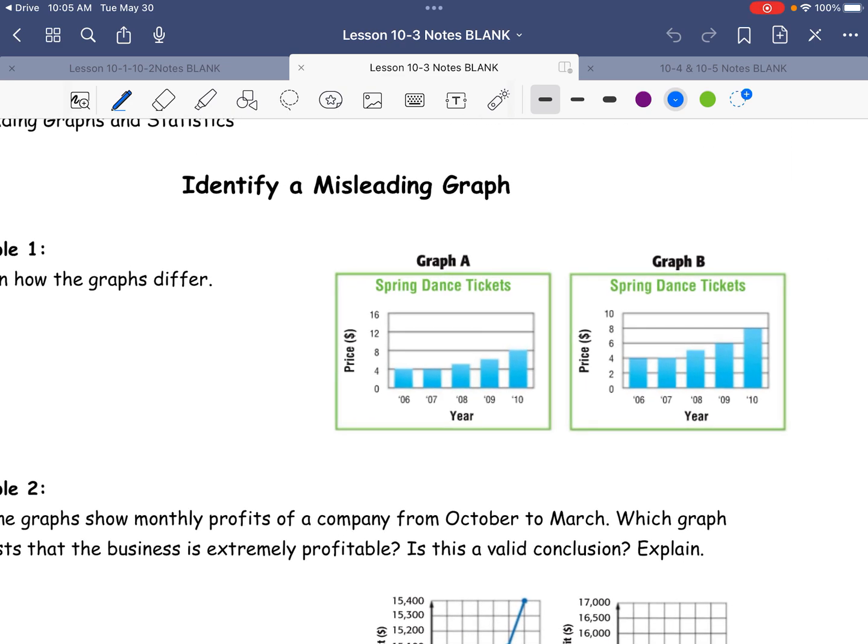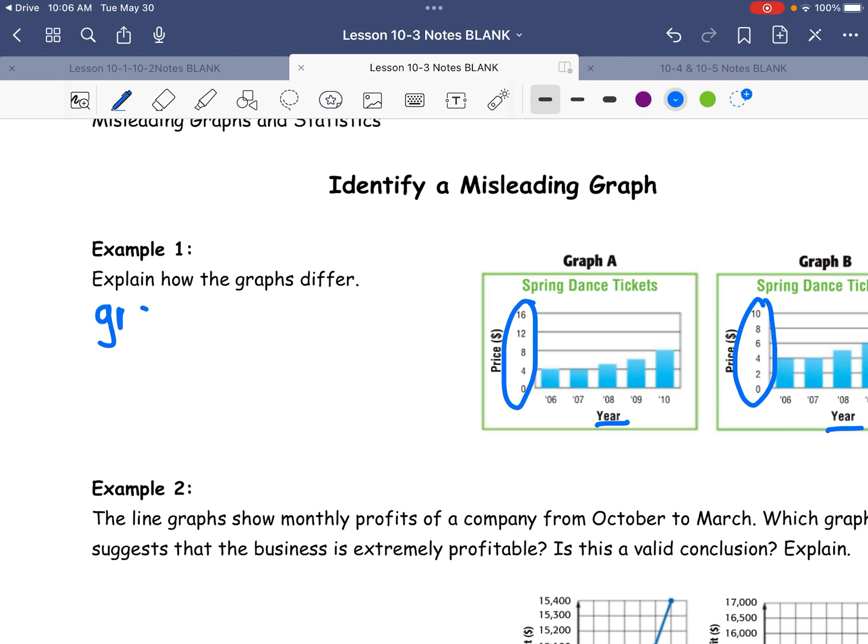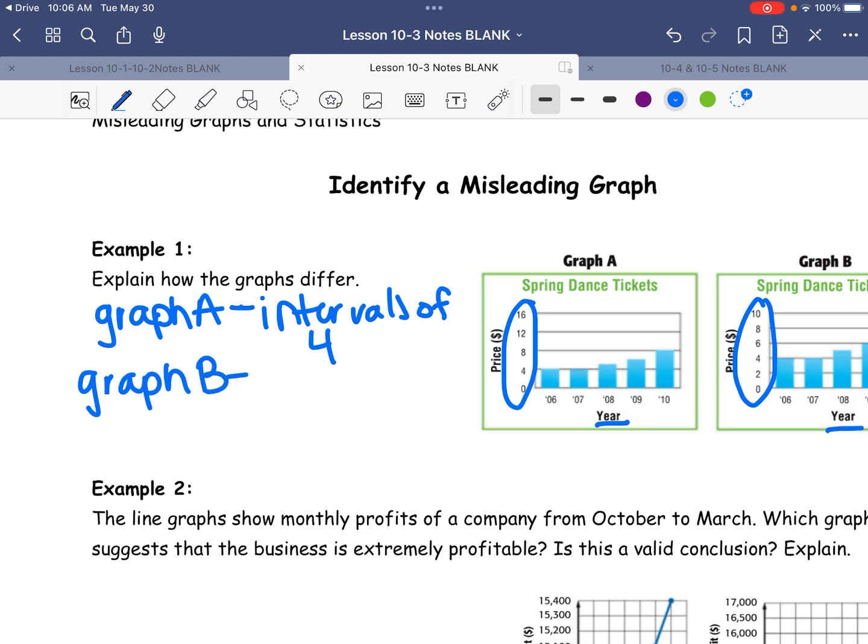If you're looking at the first thing, our years are exactly the same. We have 06, 07, 08, 09, and 10. Our prices, though, if we look on the left-hand side of each of these graphs, go up in different intervals. Graph A has intervals of 4, and graph B has intervals of 2.